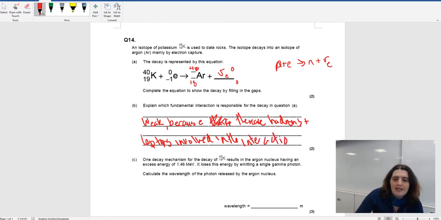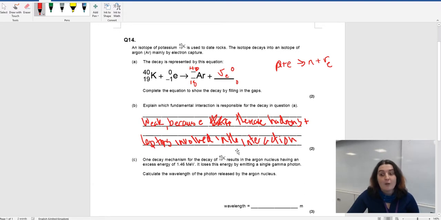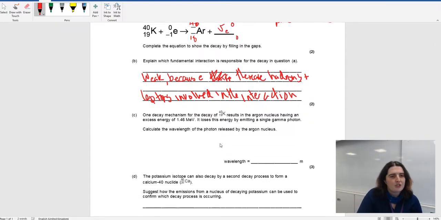Okay, so because they are hadrons and leptons, it is the weak interaction. If it was strong interaction, it would have just hadrons, because hadrons experience the strong force. Okay, so because there are hadrons and leptons, it is the weak interaction. So there was 1 mark for telling me which one it is, which is weak, and 1 mark for the explanation.